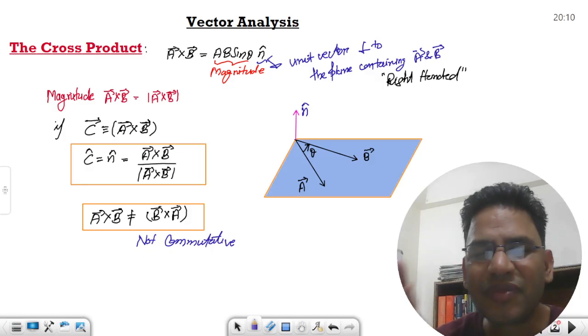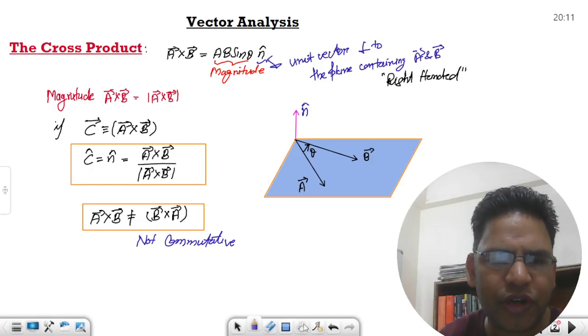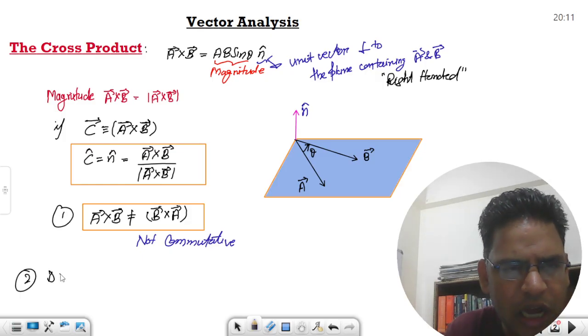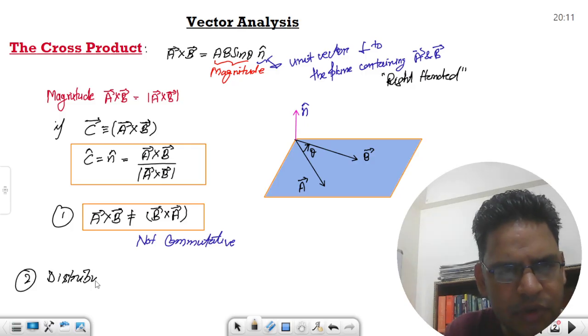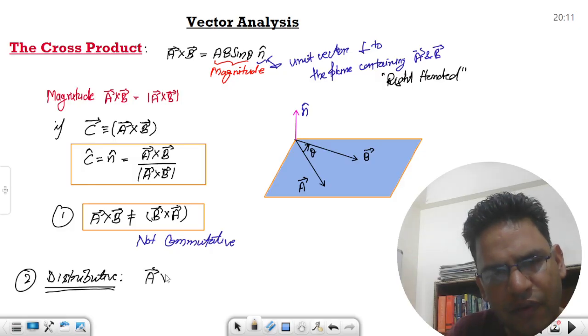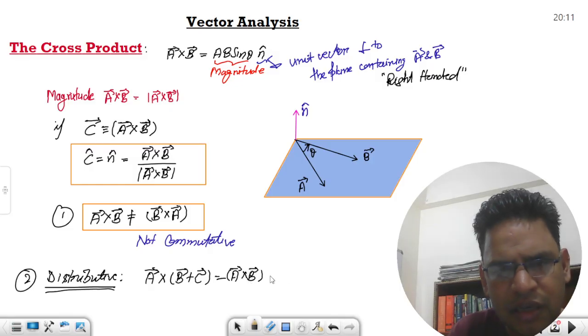Okay, distributive law: however, it obeys the distributive law. What is the distributive law? This is property number one, but how about distributive? If we talk about the distributive law, if I were to take the cross product of vector a with b plus c vector, it is going to be, first you take the cross product with b vector and then you take the cross product with c, a cross b or a cross c.